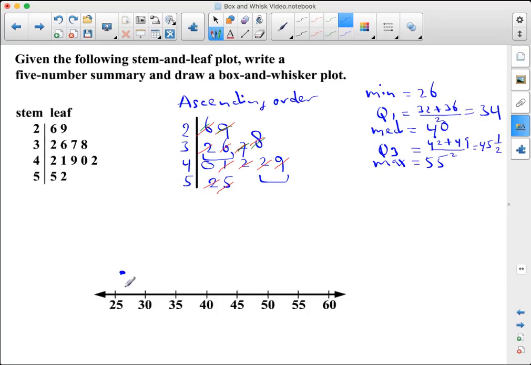The box starts at 34, so that would be around here. The median is 40. Q3 is 45 and a half, so it's right there. And the maximum is 55. That's where the whisker ends. Complete the box. Put in the whiskers. And there it is, the box and whisker plot.